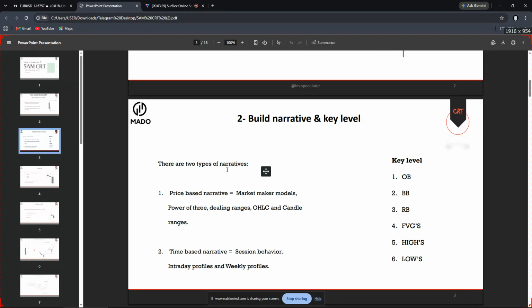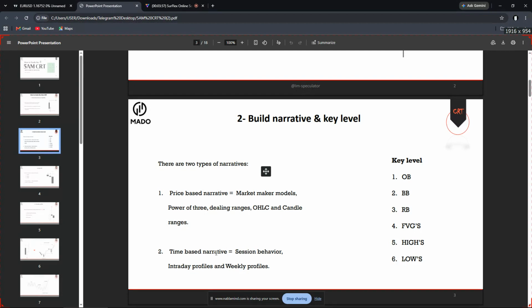The first is price-based narrative, which includes the market maker model and the power of three concepts, where we have accumulation, manipulation, and distribution. We also have a dealing range, which is premium and discount. These are what we are expecting to put into requirement to trade this 5 a.m. CRT.